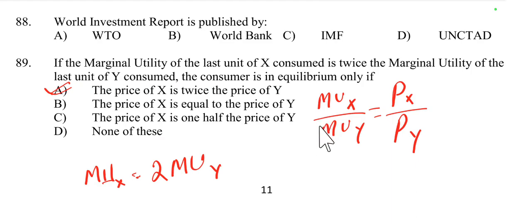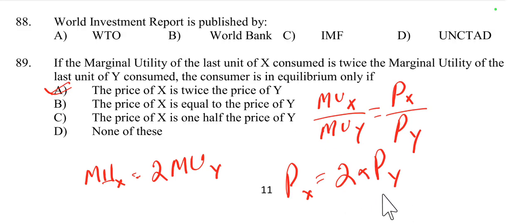Then the consumer will be in equilibrium only if the price of X is twice the price of Y, that is Px = 2Py. So option A is right here.